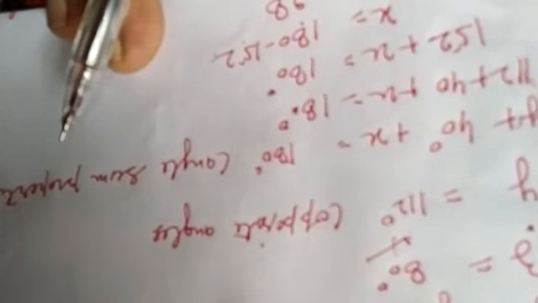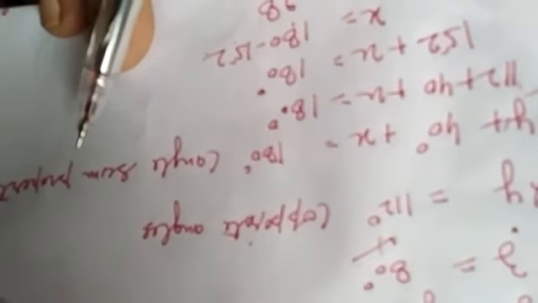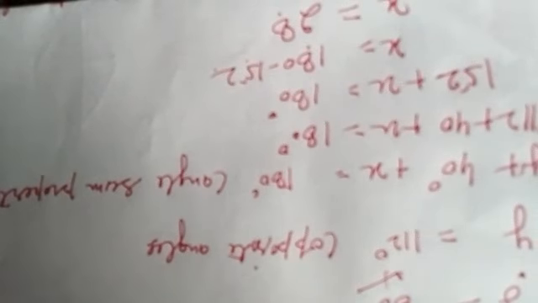So adding this we are getting 152. 152 plus x is equal to 180. So x will be 180 minus 152, which moves to this side.